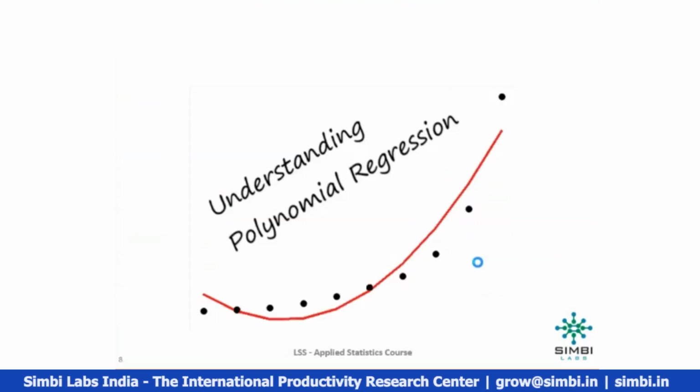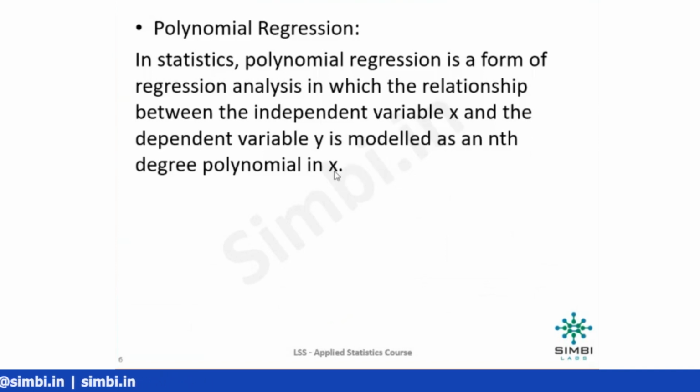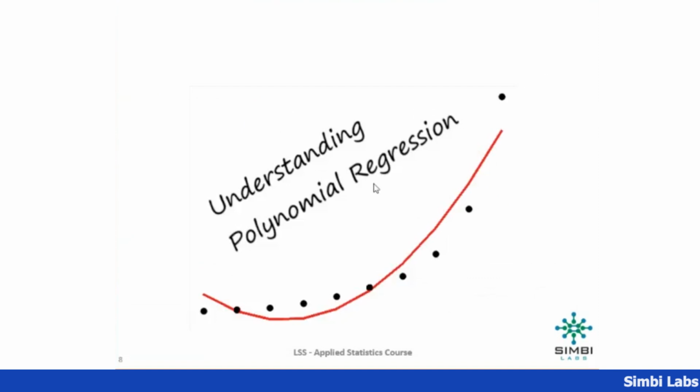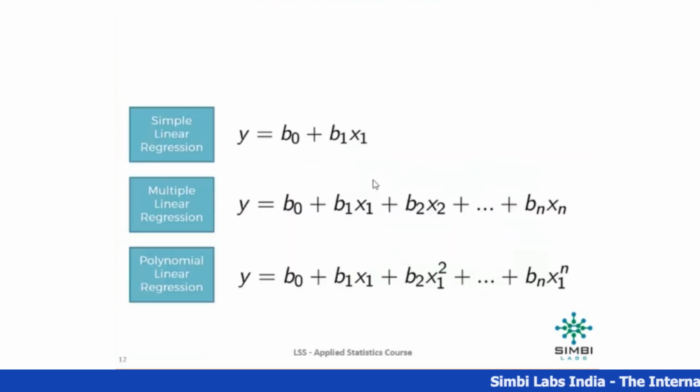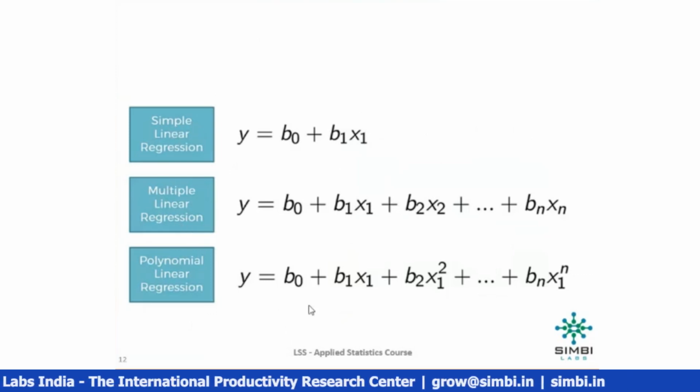According to the definition, polynomial regression is modeled as an nth degree polynomial in x, where x means the independent variable, whatever data we have. We follow this type of equation as we did in simple linear and multiple linear regression.